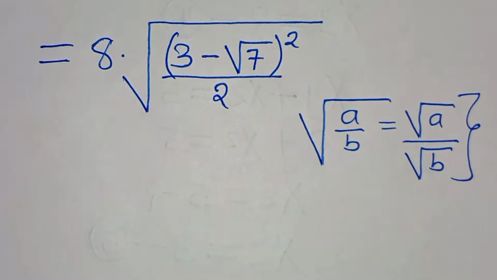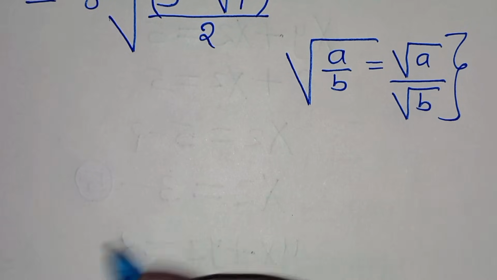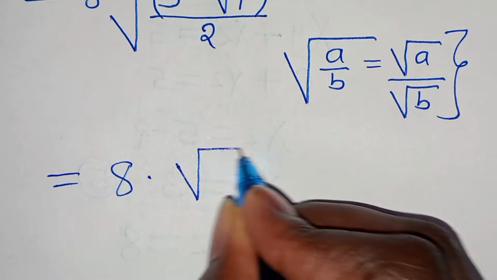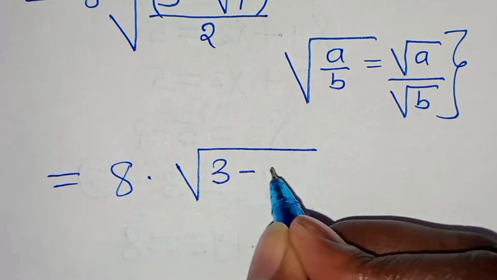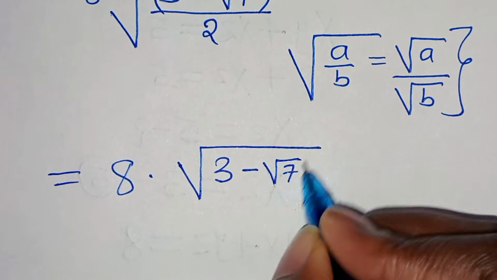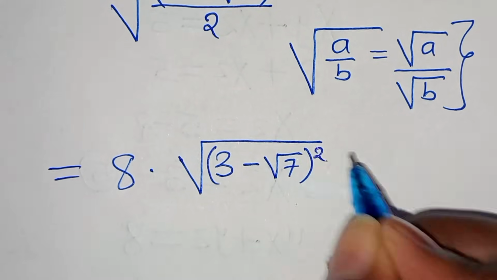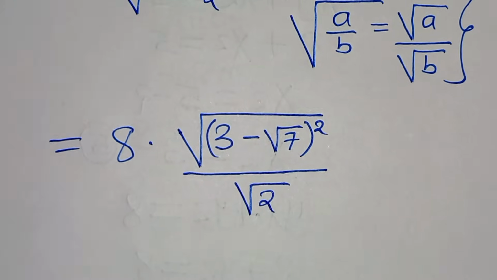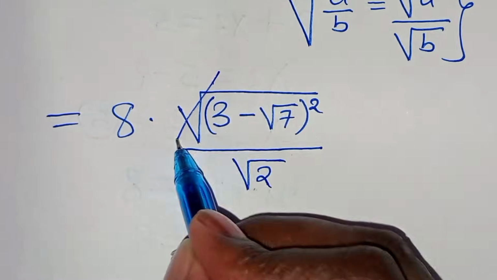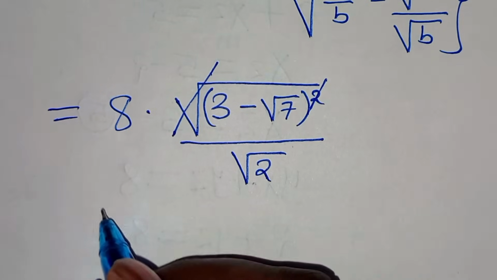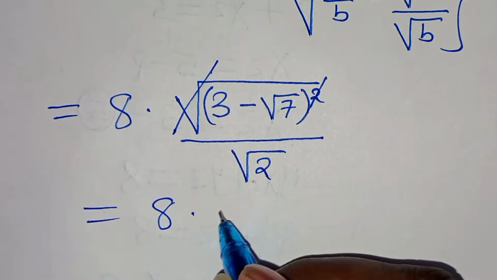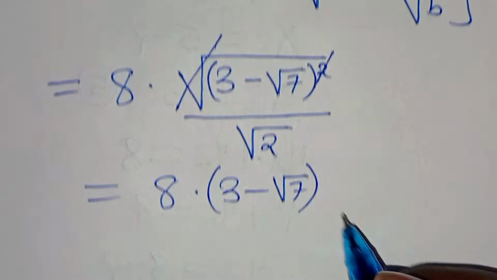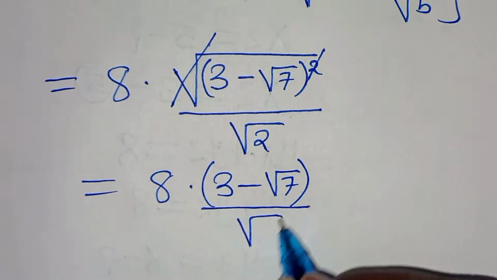Applying this property, this follows that here we have 8 multiplied by square root of 3 minus square root of 7 raised to the power of 2, everything here, divided by square root of 2. Now, we can eliminate the square root sign here, so that now here we have 8 times 3 minus square root of 7 divided by square root of 2.